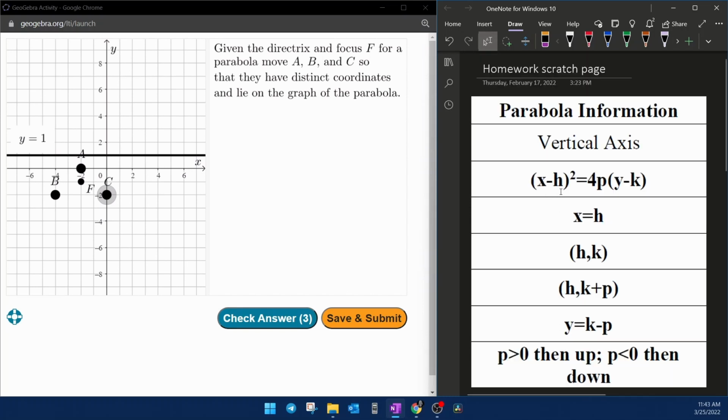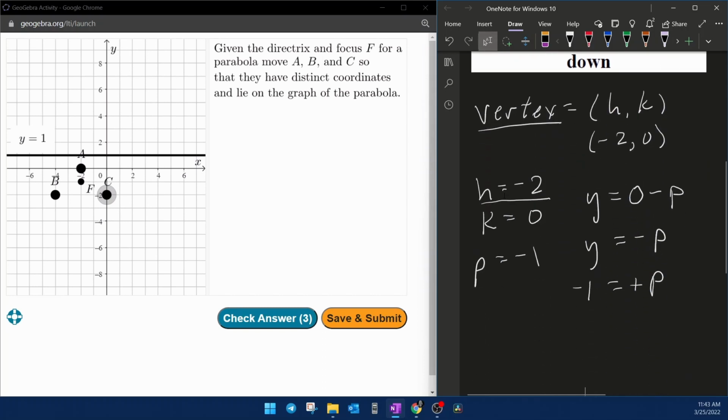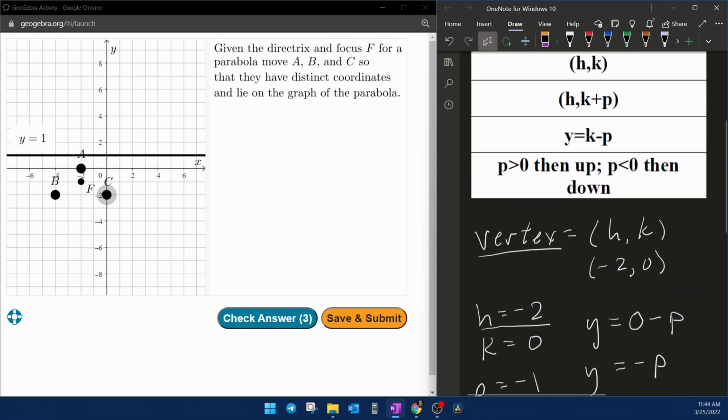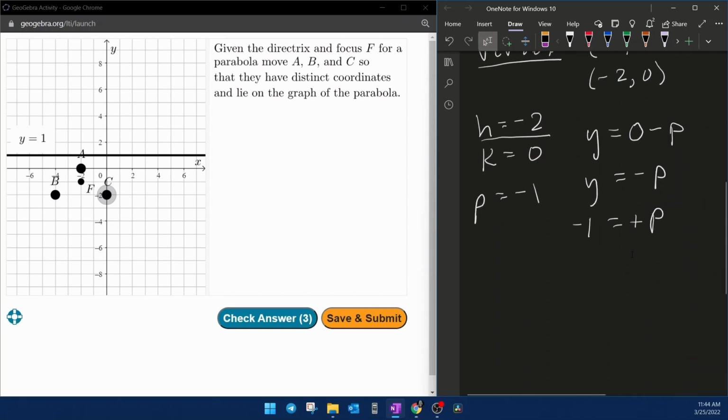And now if we look at our equation, we need h, k, and p, and I do have all three. And so now I can write the equation of the parabola plugging in for h, k, and p.